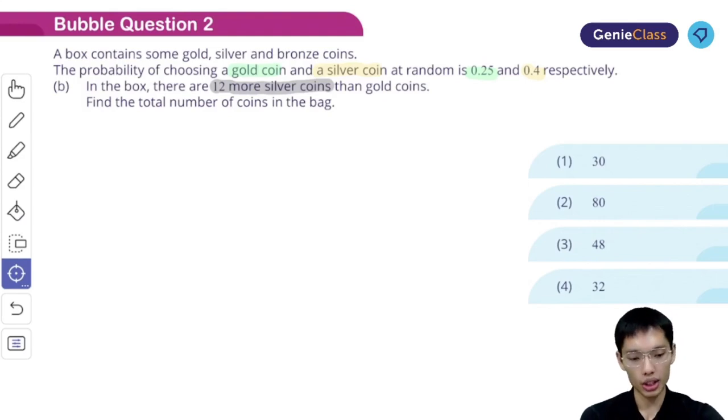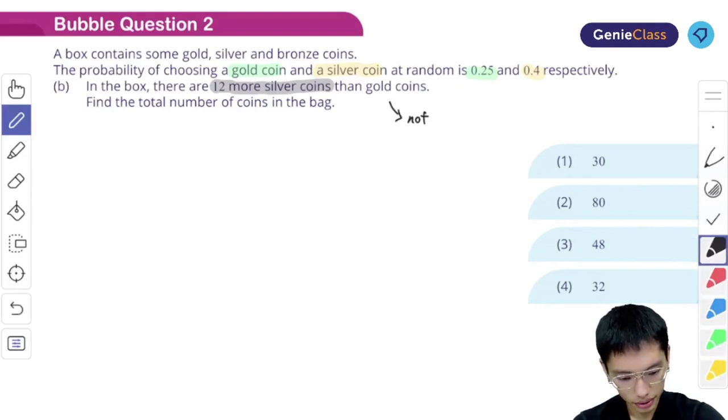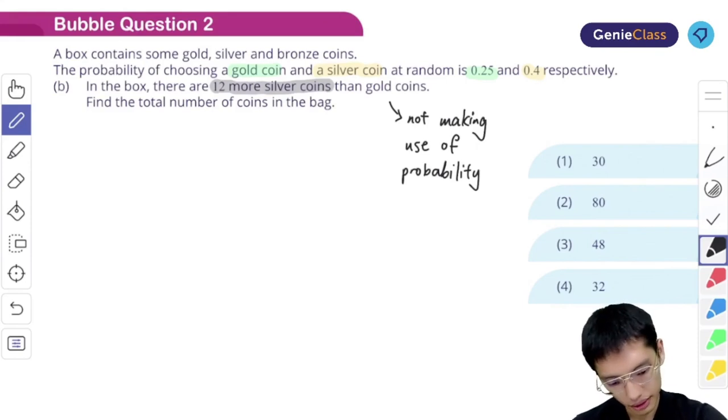That's the first thing, because you're given probability, and this sentence over here is not a probability sentence, or in this case, not making use of probability yet. So how do I translate this to the probability sentence?